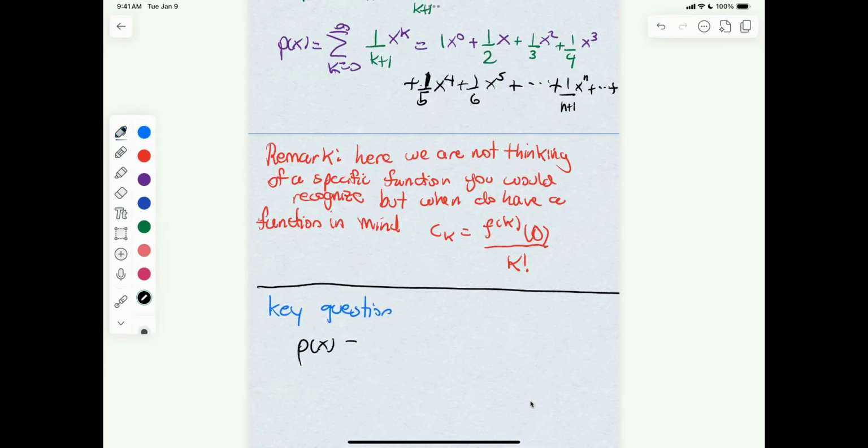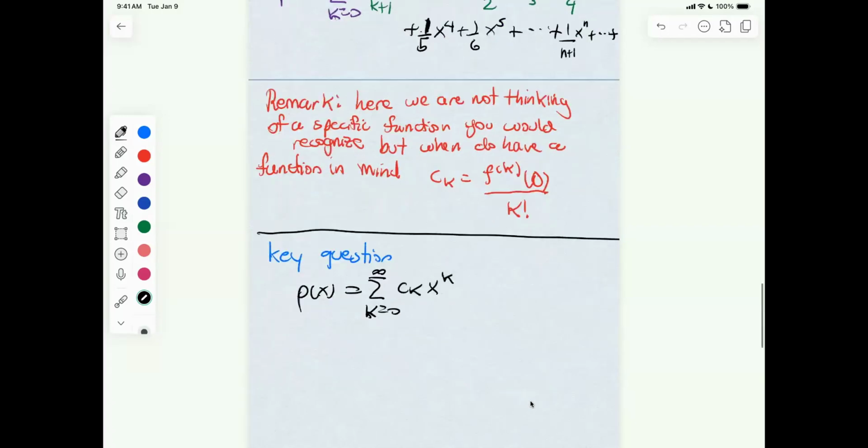So I have this formula, right? But I mean, this could be complete nonsense, right? So the question is, for which values of x can you use that would give you a finite sum here? That's what I want to ask.